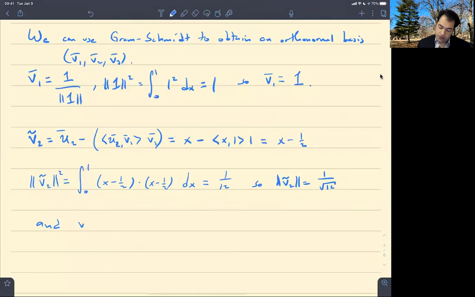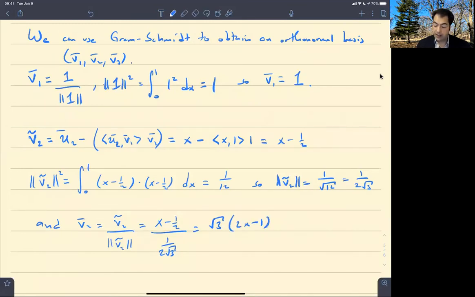And so V2, which is V2 tilde divided by the norm of V2 tilde, is x minus 1/2 divided by 1 over the square root of 12. Let's simplify that. 12 is 4 times 3, so the square root is 2 times the square root of 3. So I can write this as x minus 1/2 divided by 1 over 2 times the square root of 3, or the same as the square root of 3 times 2x minus 1. And that's our second basis vector.